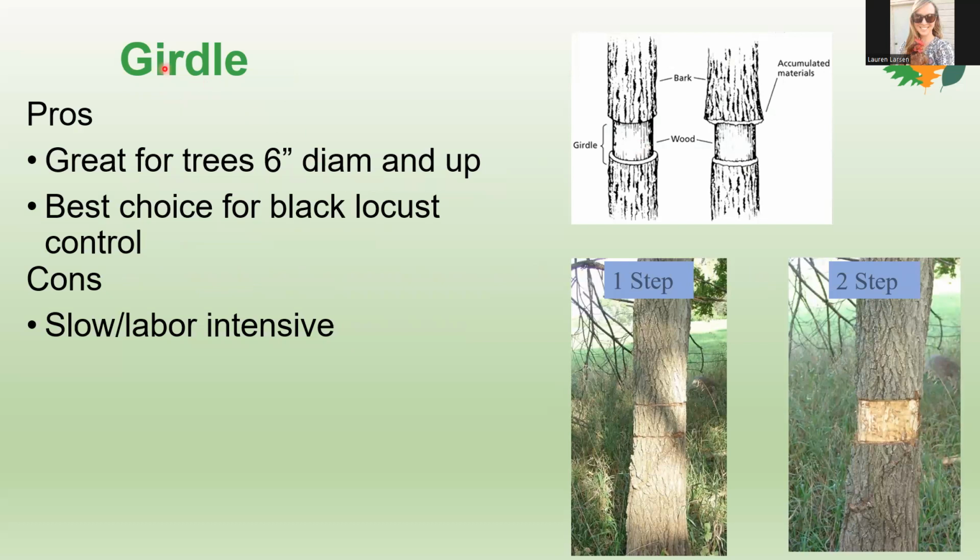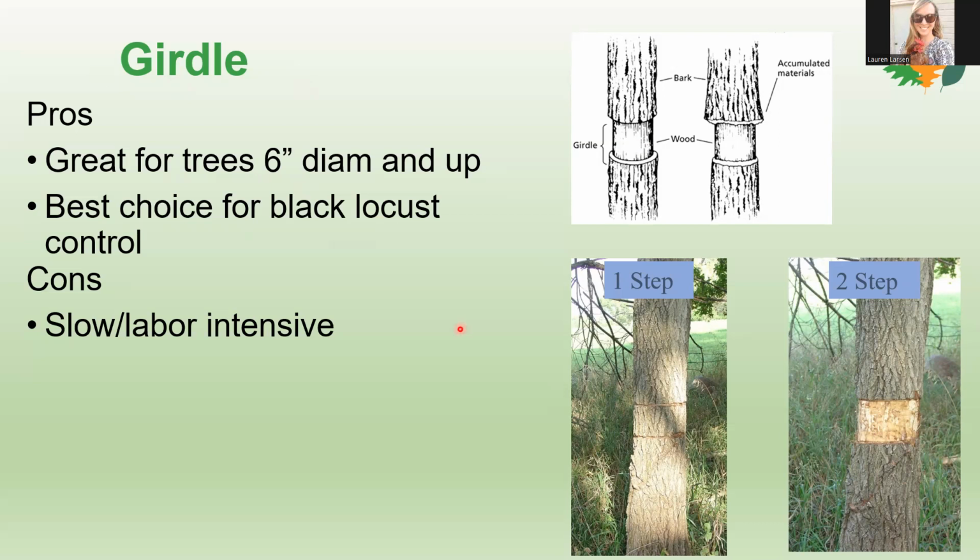All right, girdling. So this is around here. I would say girdling is done a lot on black locust. And that's because if you try and cut a black locust down, it's going to send up like 1,000 suckers per tree.